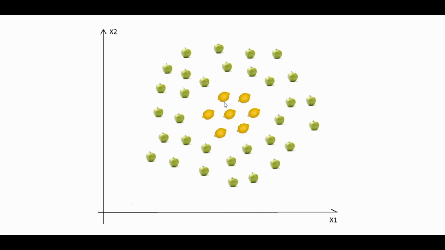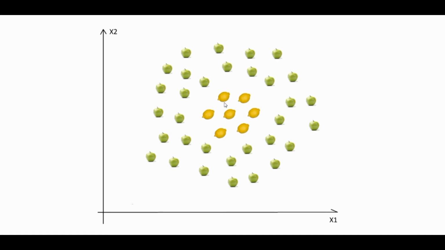Now how they do it is they try to add another dimension using their specific function which will split these data points. Think of this 2D visualization as viewing it from a top view.